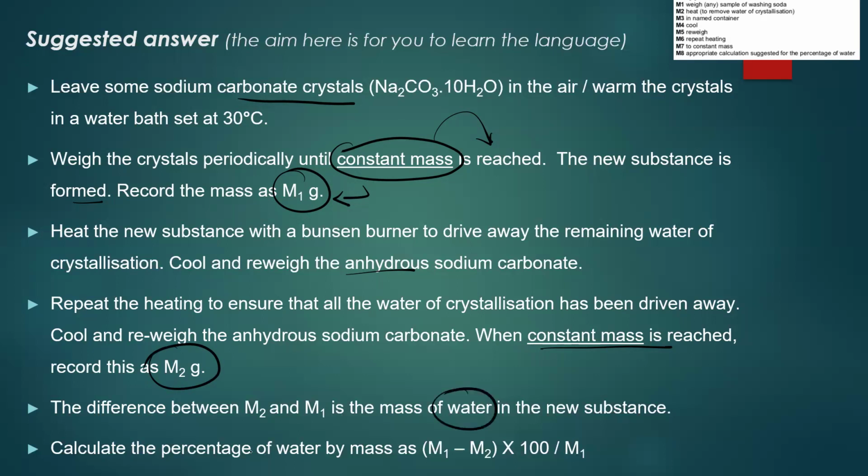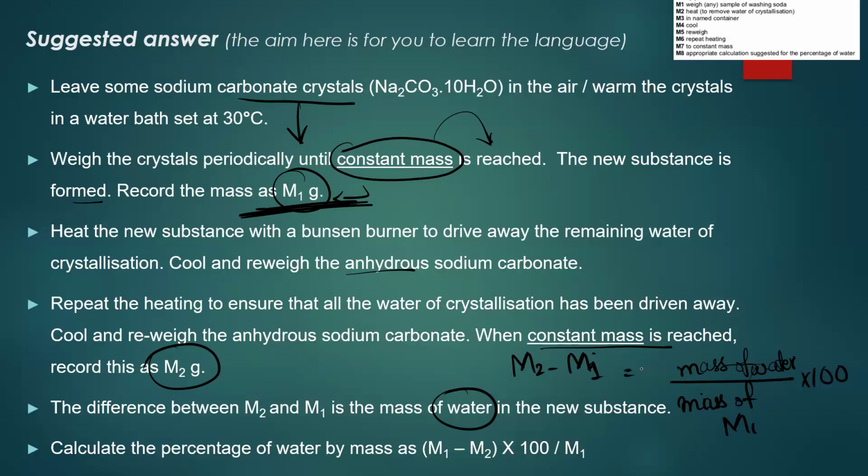Now, if we want to take the percentage by mass, then what will you do? The mass of water, which we obtain after doing M2 minus M1, this mass divided by the mass of the compound, M1, the hydrated one, which contains a little bit of water in it, multiplied by 100.